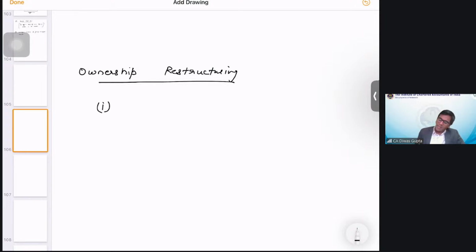Then comes ownership restructuring. The first one is going private. Going private means that, so one is going public. Going public means that we're issuing equity shares to the public. Going private means that you are buying back your shares from the public.